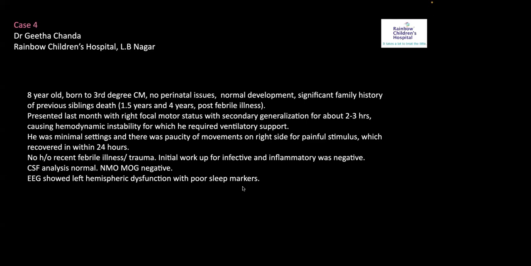Later on, he continued to have seizures in the form of behavioral arrest, speech arrest and focal eye deviation. So this first scan was the first one, and 20 days later when we repeated the scan, because there was a prior status, it was showing a worsening and elevated choline.